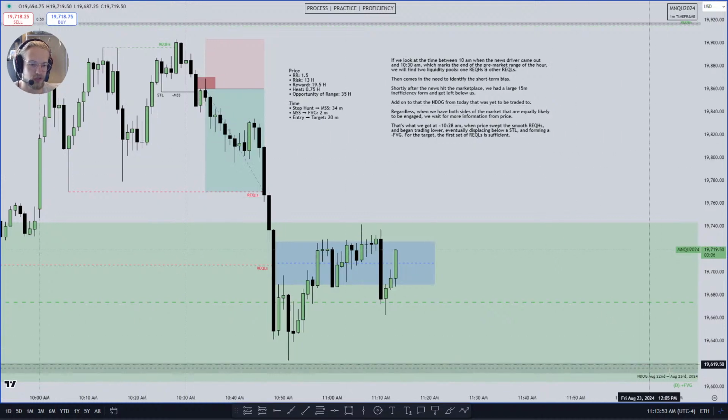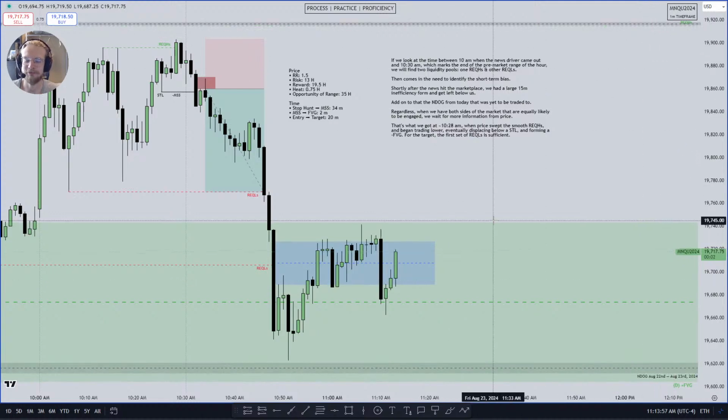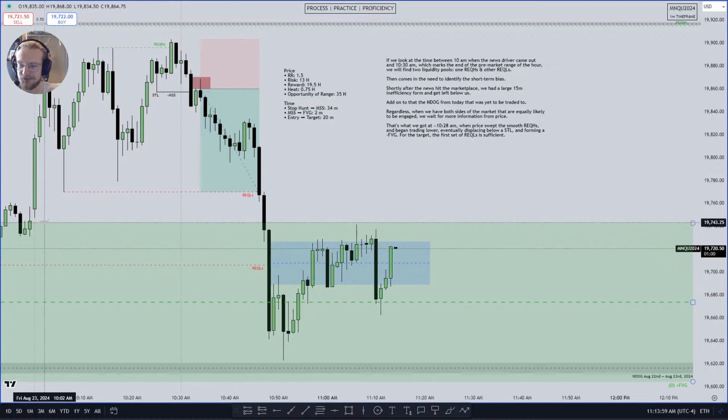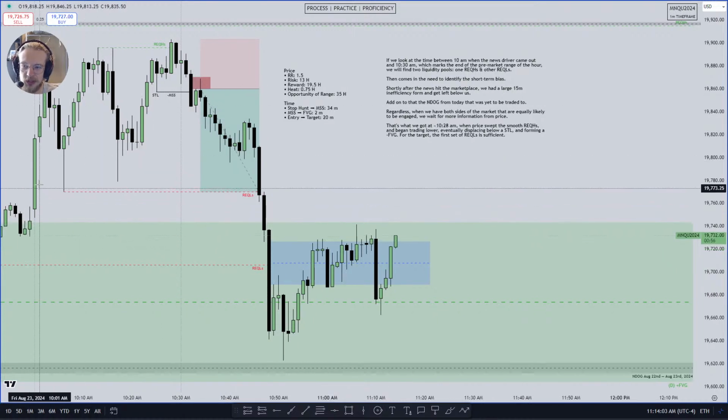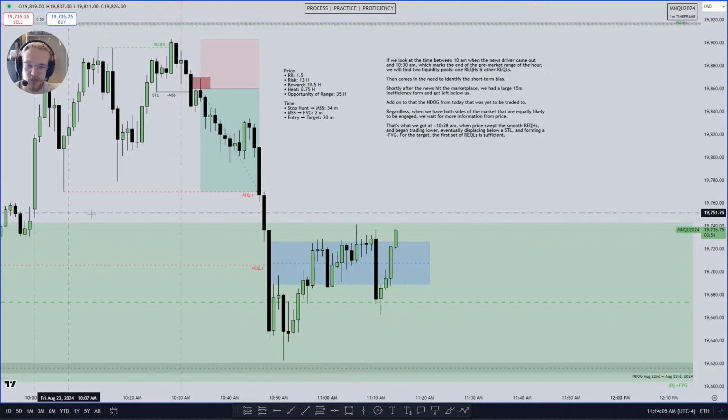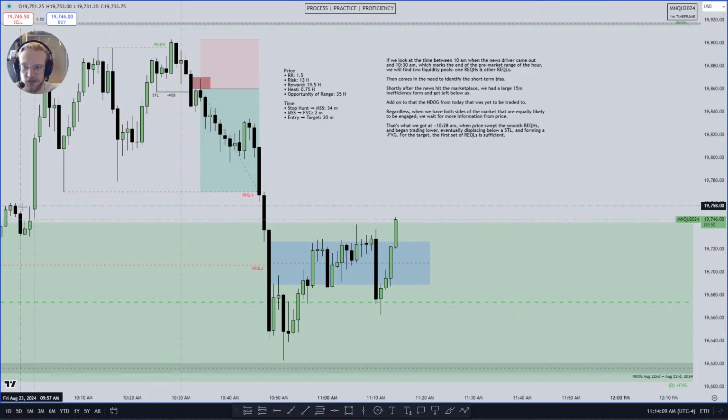For example, we have a new day opening gap below us and then a new day opening gap above us. We have a news release at 10, strong displacement to the upside. As a result of that displacement, we've created a 15-minute inefficiency, 15-minute order block. I didn't transpose those things onto the 1 minute chart, but they're there.